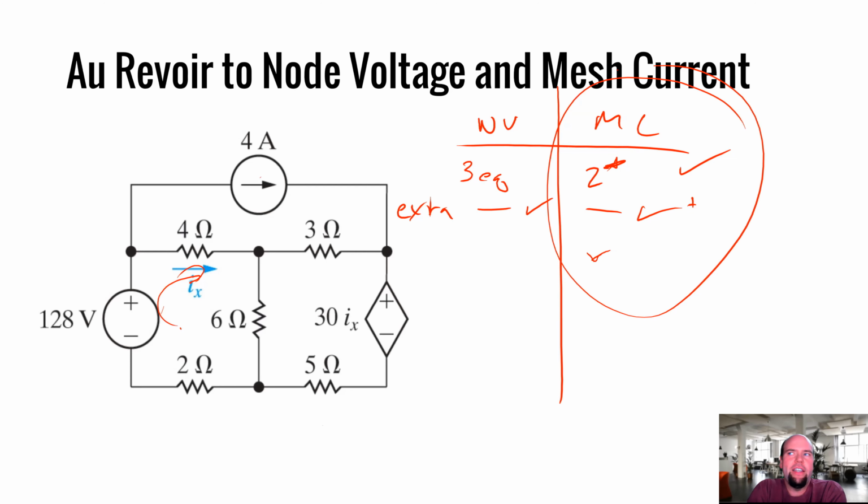We'll use these later on in this chapter, even when we do later analysis. We'll want to come back to, how am I going to find this unknown? It looks like an easy mesh current, easy node voltage. Just toss it in the equation, right? They don't go away, but our discussion of them for the purposes of teaching the technique ends here.